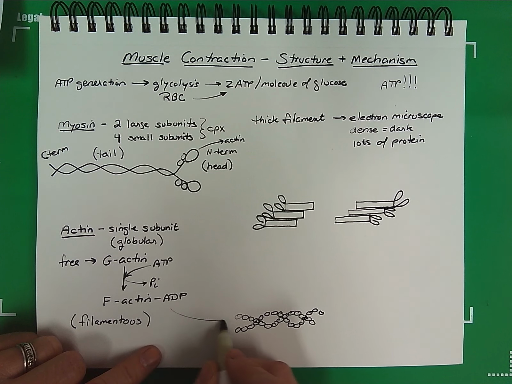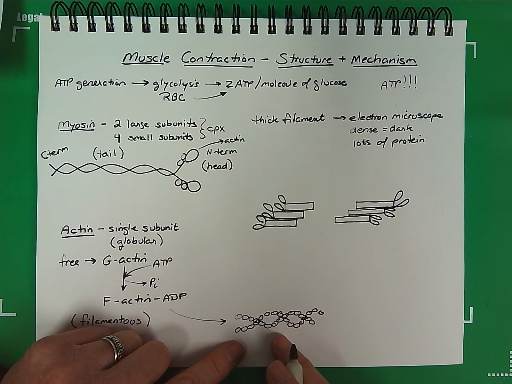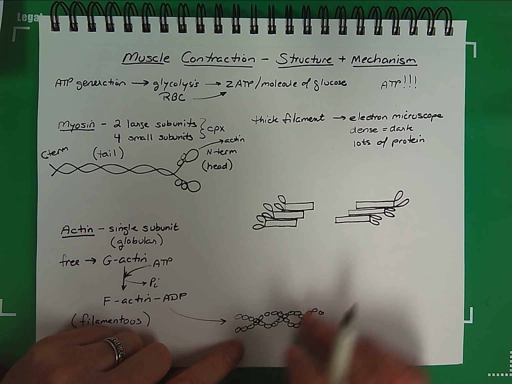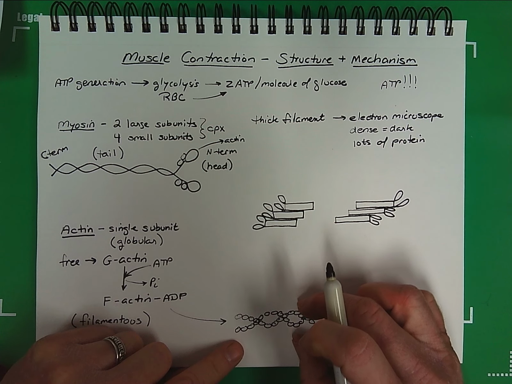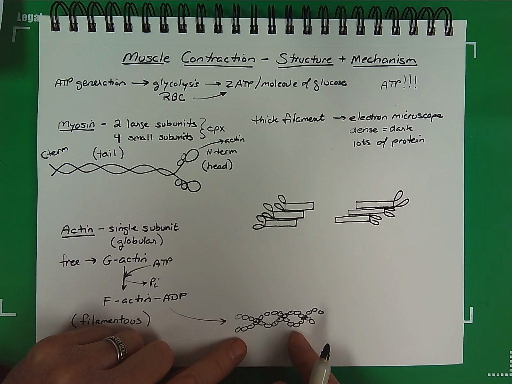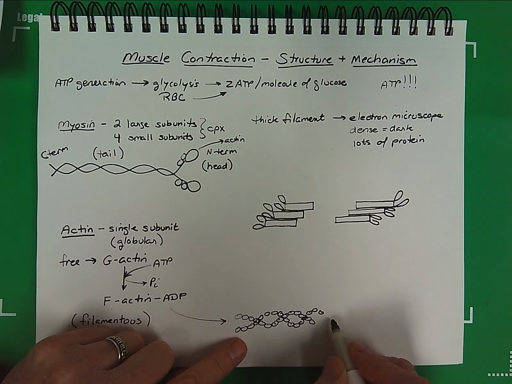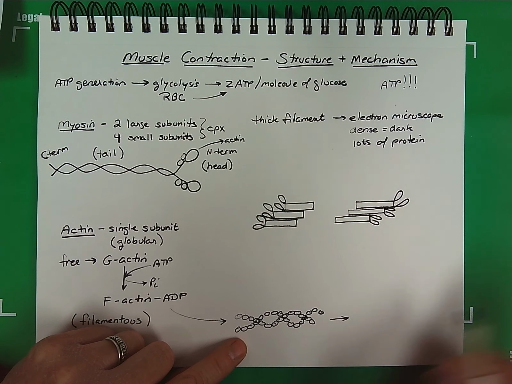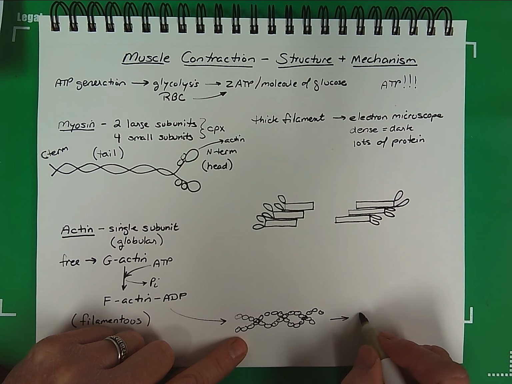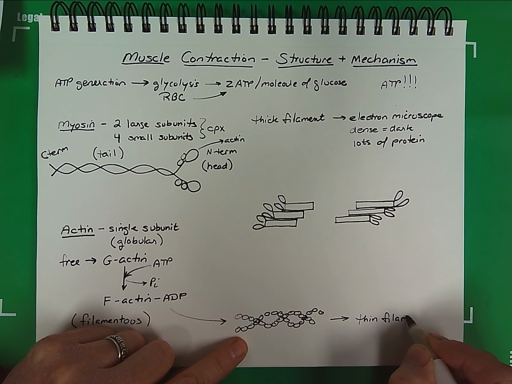So the F-actin forms these long strands. Now, these are globular protein units that are only coiled in this dimension, and they are not stacked on top of each other like the tails of myosin. So this, in an electron microscope, will not look quite as dense because the density of the protein is not as much. These are termed thin filaments.